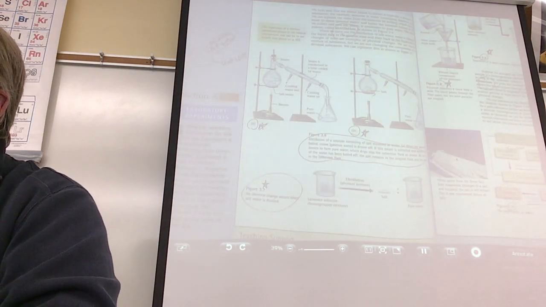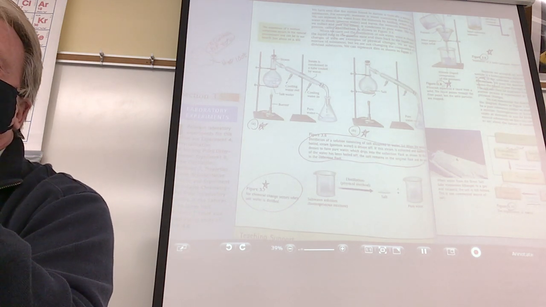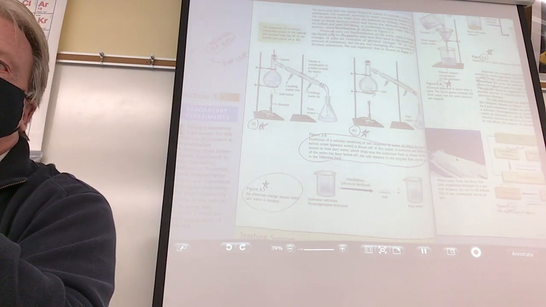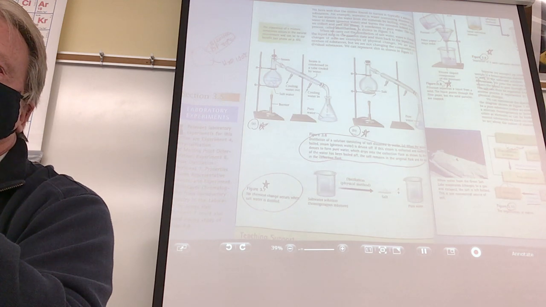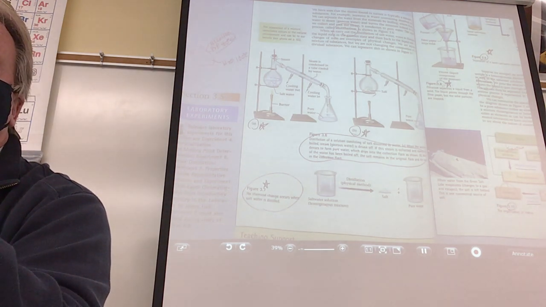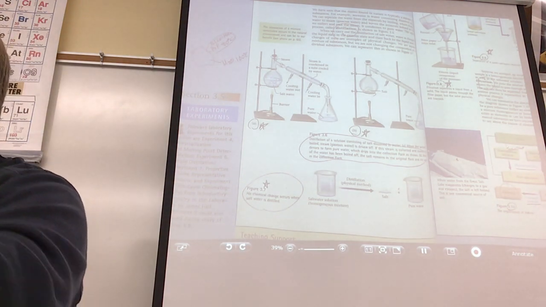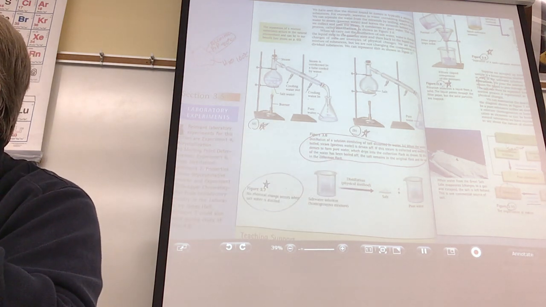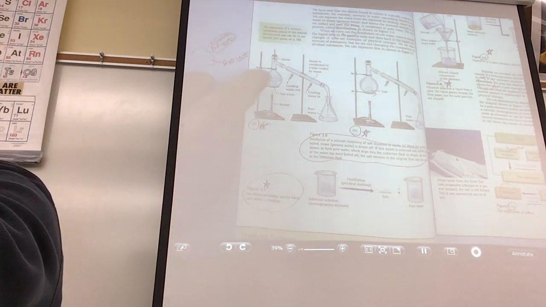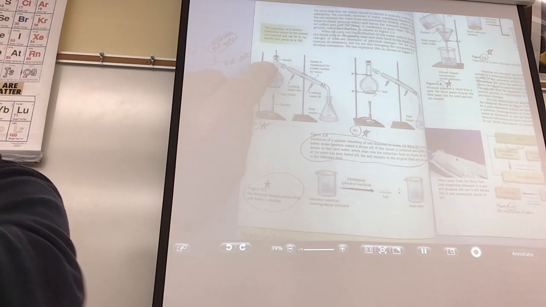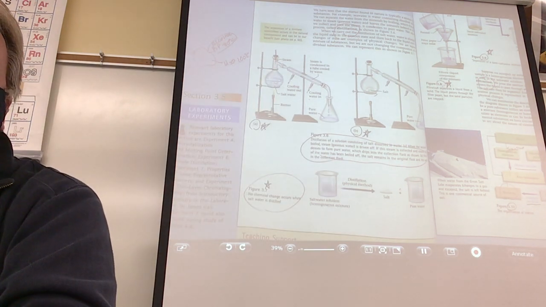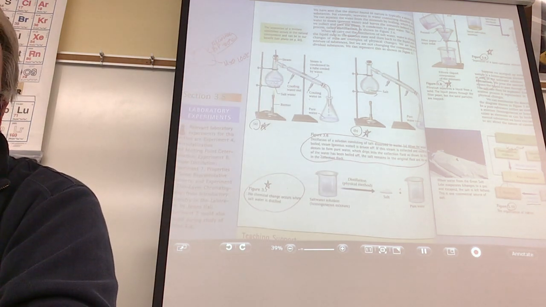Now, if you have two things that are mixed, let's say there's a solid and a liquid that are mixed and they dissolve. If I were to boil salt water, what would come up here? Would I get salt water steam? I used to think that.